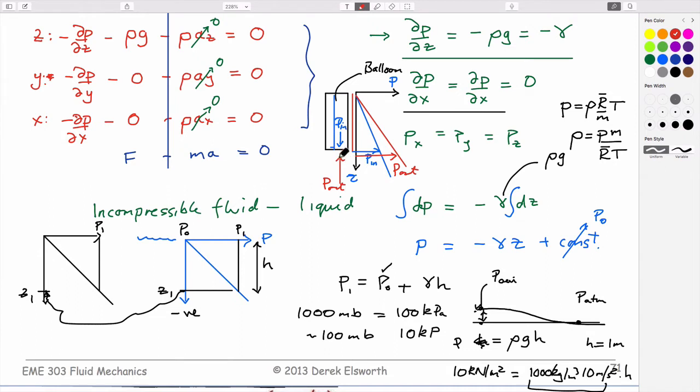And if you look at reconciling these two, by definition, the red one has to be larger. If the red one's larger, then there is a net force acting upwards. And we know from F equals ma, if there's a force that isn't balanced, then it accelerates, depending on the mass of the balloon. And so that's the mechanism by which a balloon rises.